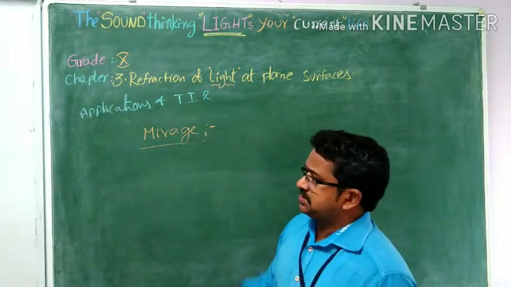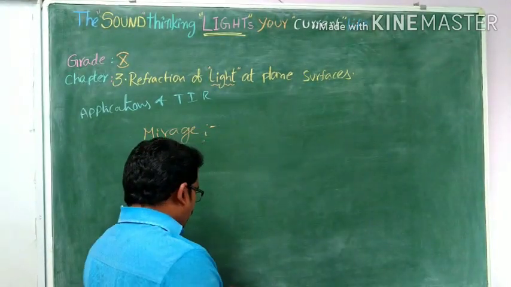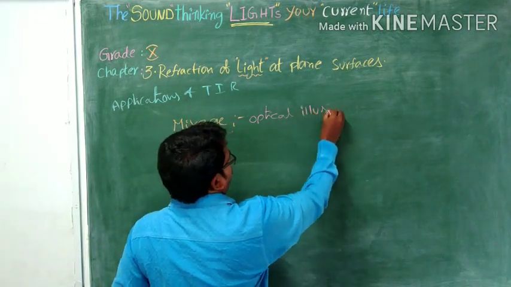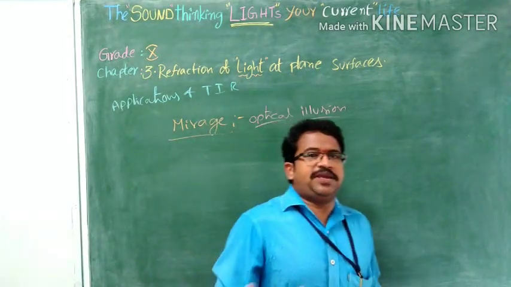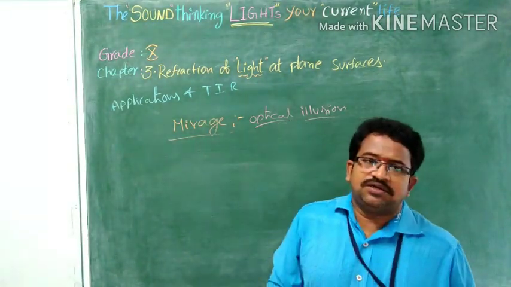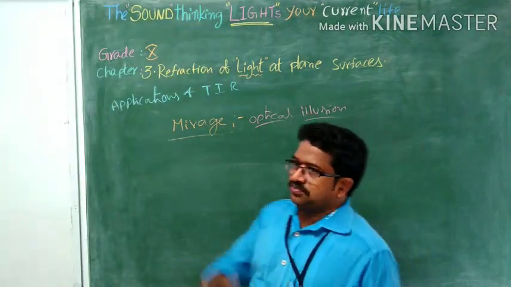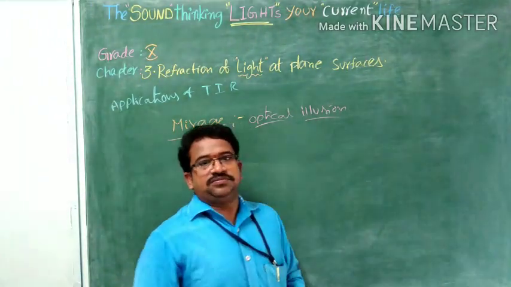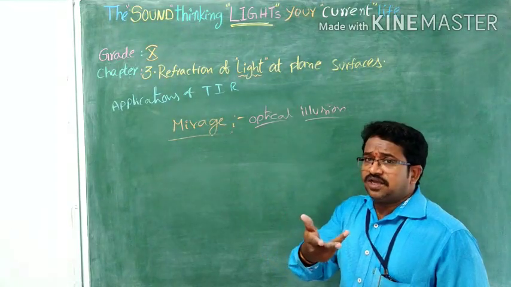A mirage is also like that, virtual. It is an optical illusion. Illusion means imagination. Optical means about vision, so with respect to vision, it's an illusion.